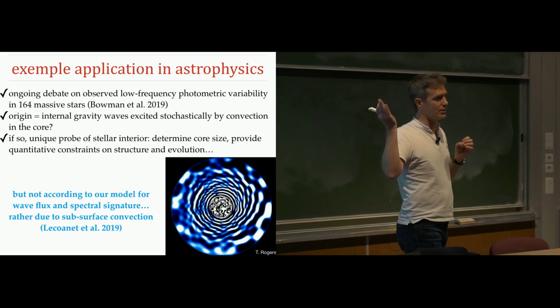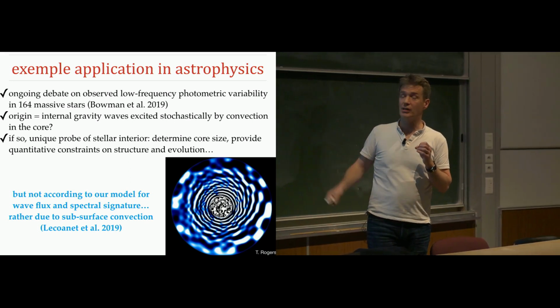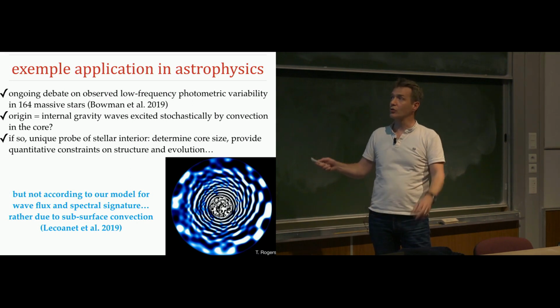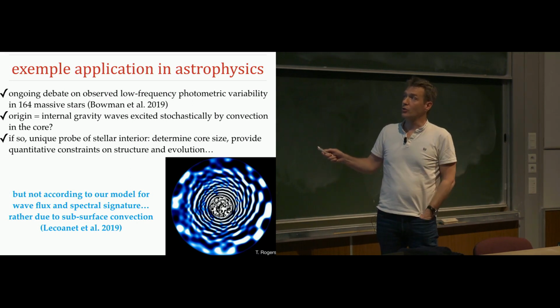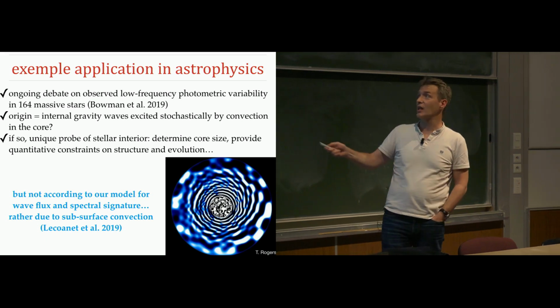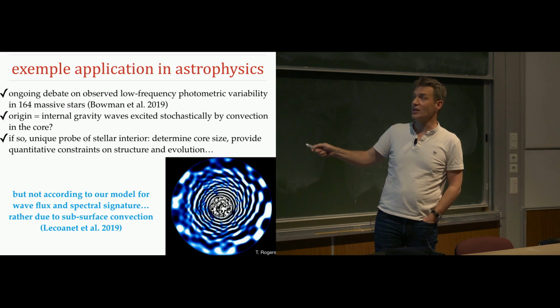And the claim of these people, Bowman and co-workers, was that those low frequency waves were internal gravity waves, stochastically excited by convection. And so from those waves, they can probe the interior.